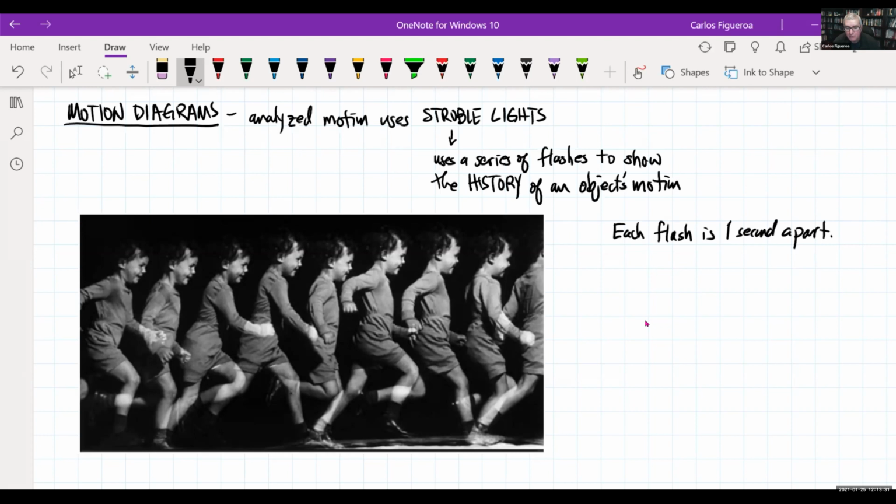So now remember what I said before. We want to make motion as simple as possible. So we take the boy and we reduce the boy to a single point. What's the best point that we could use for the boy? Well, we want the center of mass. Where's the center of mass of a boy? It's most likely around his belly button.